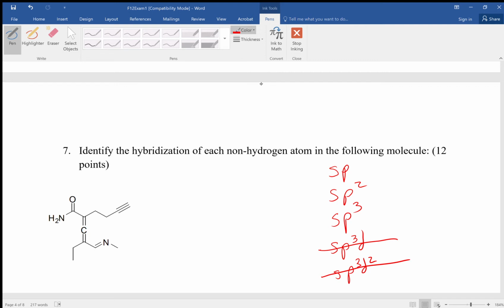Well, usually an sp3 atom, and I'll designate those in yellow, is going to be an atom that has no pi bonds.